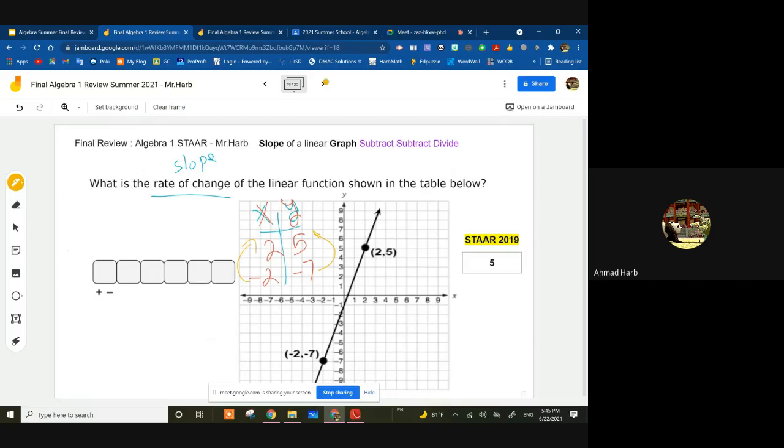So what's negative 7 minus 5? Negative 7 minus 5, that's negative 12. Negative 2 minus 2 gives you negative 4. And negative 12 divided by negative 4 gives you positive 3. And notice the graph is going positive from left to right, it is increasing. So that actually makes sense. The answer has to be positive 3.